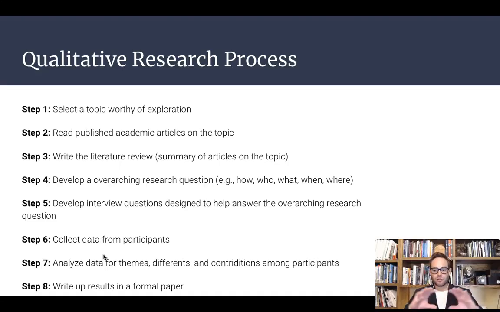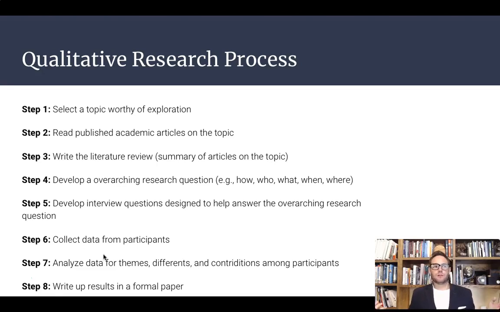Step 4, develop an overarching research question. So this overarching research question is the research question that you're trying to answer with your study. So think about how, who, what, when, where. These are some great ways to develop an overarching question, such as, how do people adapt their communication in a new culture, right?